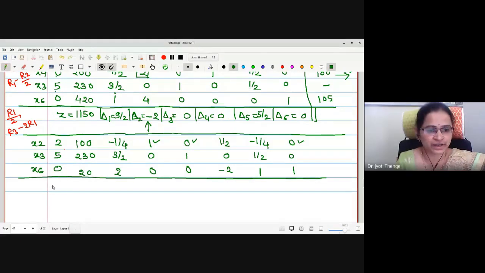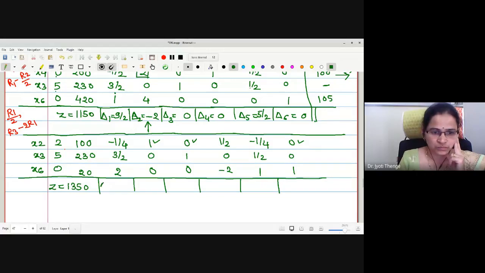Good. Now we will calculate Z again. What is Z at this stage? 5 into 230, 1150, added with 2 into 100, which is 200. It is 1350. Now the net evaluations, delta 1, delta 2.